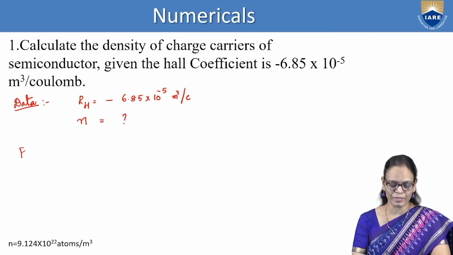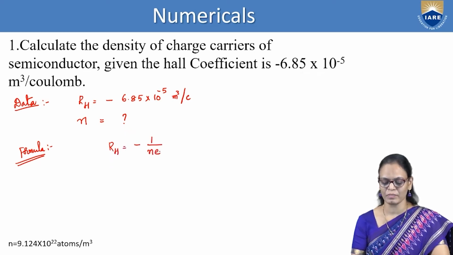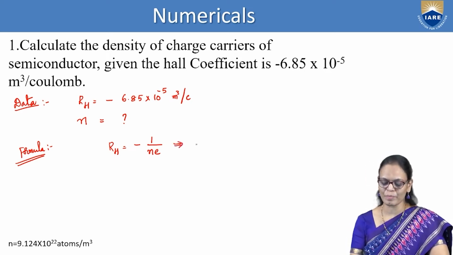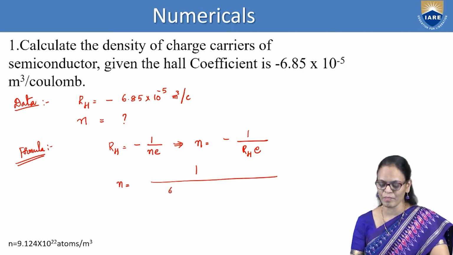So what is the formula we have? We know RH is equal to minus 1 upon Ne. Now we are given RH, we have to find N. So using this formula, we write N is equal to minus 1 upon RH into E. So N will be equal to 1 upon 6.85 into 10 power minus 5 into E, because the minus will get cancelled as the value of RH is negative.